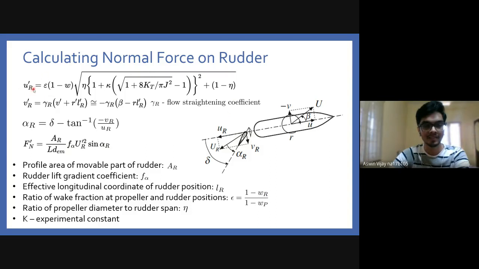UR is basically derived by taking into account the diameter of the propeller and the total area of the rudder, the flow outside the actuator disc and flow inside the actuator disc, and finally you can derive this formula, which I'm not going to go into.